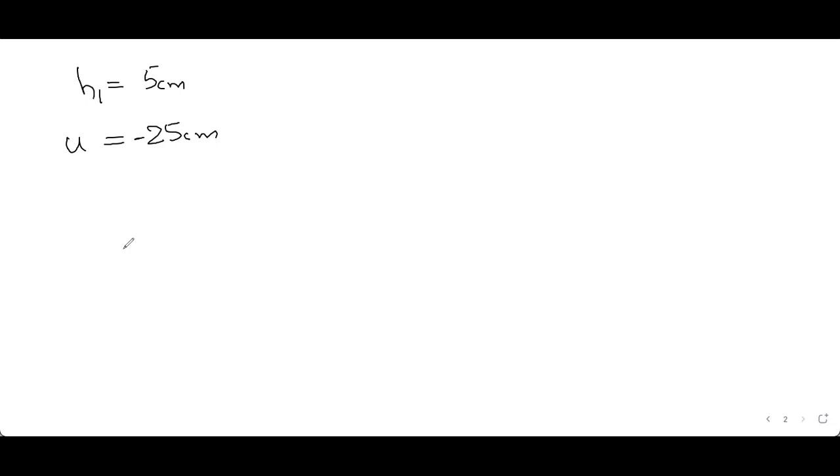And then it says from a converging lens of focal length 10 centimeter. So I can say f equals 10. Now another question comes up here. Should we be writing plus 10 or minus 10?